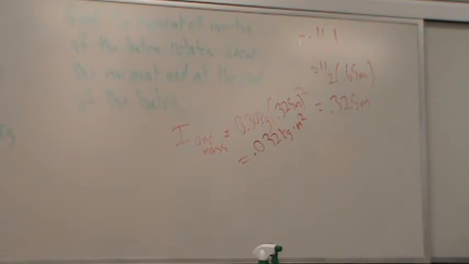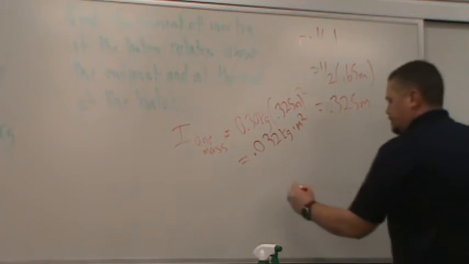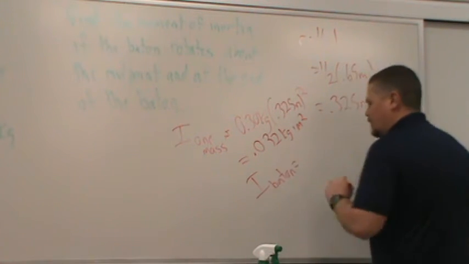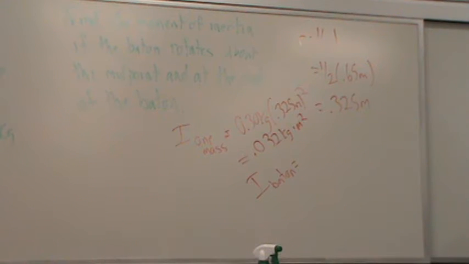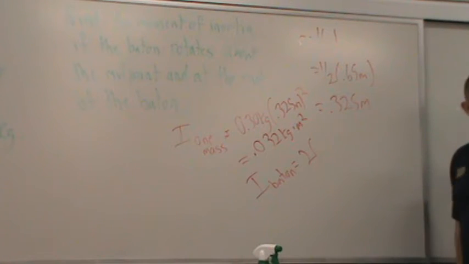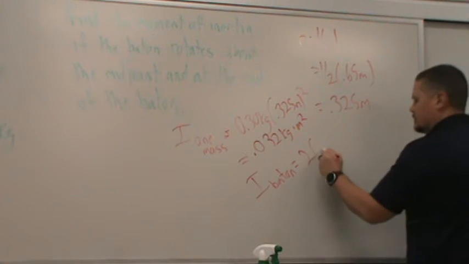Now that's just the inertia at one end. We have two ends of the baton, right? So to find the inertia of the baton, we take 2 times the inertia of the one mass.